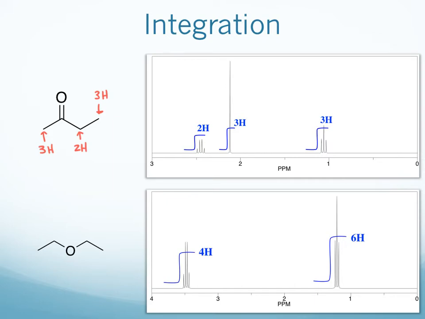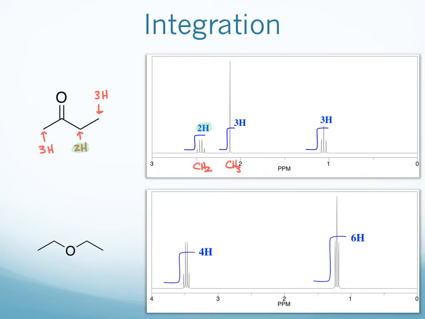Now, if we take a look at the corresponding spectrum, we can see that our first signal here that's most downfield is the CH2, and that integrates for 2 hydrogen. So that's why we have the 2H written over that, and that corresponds to this signal. And then next we have an integration for 3 hydrogen that represents a CH3 group.